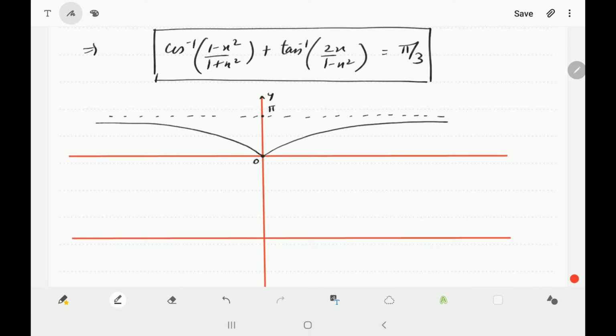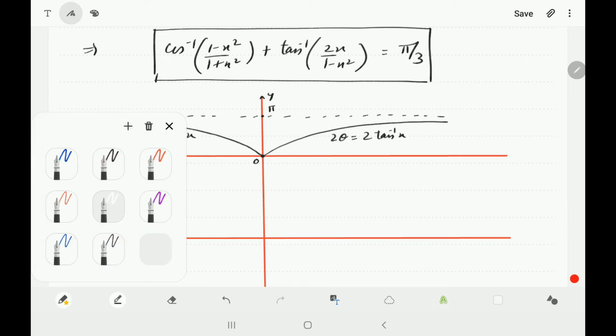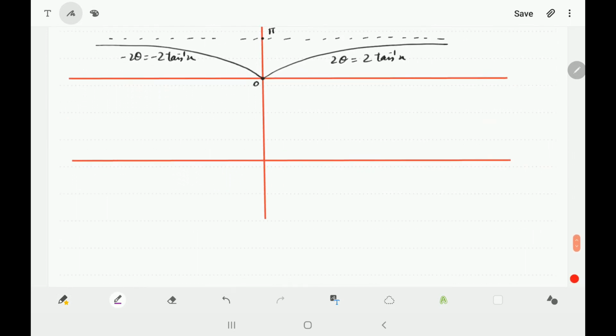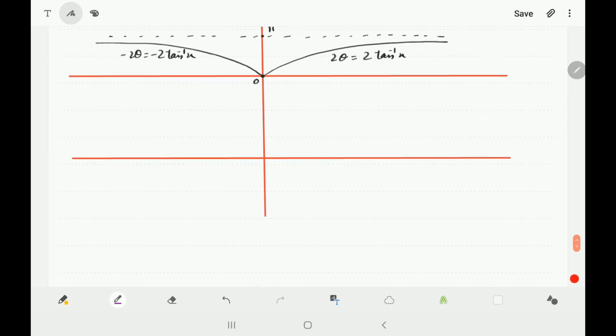Okay, so on the right hand side for x greater than equal to 0, the function is 2 theta, which was 2 tan inverse x, and on the left hand side the function is minus 2 theta, which is minus 2 tan inverse x. Okay, now let's draw the graph of tan inverse 2x upon 1 minus x square. This is also dependent on 2 tan inverse x, but its range will be lying between minus pi by 2 to pi by 2 open interval, and the domain is R minus minus 1 and plus 1.